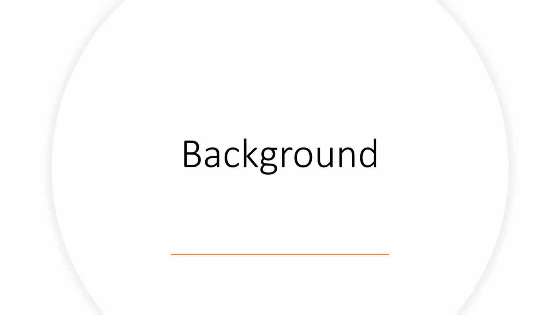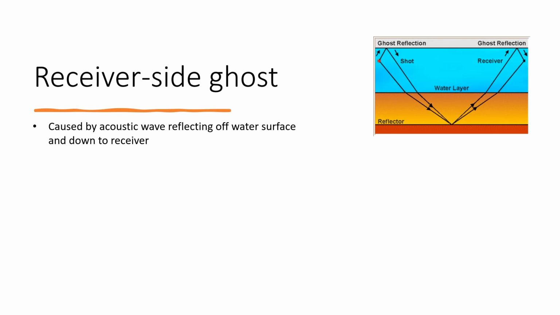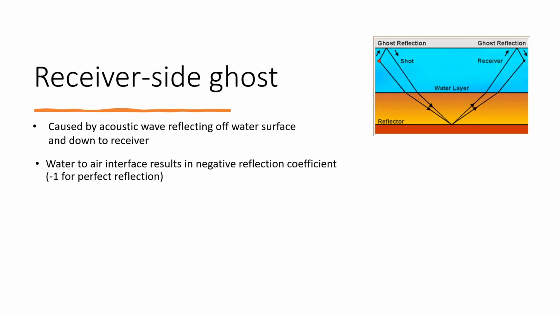So firstly, some background on what we're talking about with receiver side deghosting. The receiver side ghost is caused by the acoustic wave reflecting off the water surface and back down to the receiver. The water to air interface results in a negative reflection coefficient.